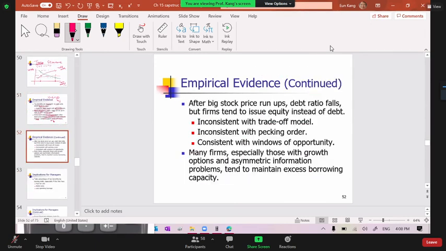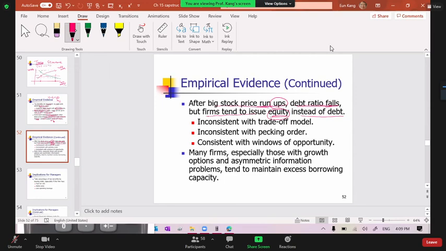Next, after big price run-ups, price goes up, that ratio falls, right? Price goes up, then stock price times number of shares, the equity value, goes up, then the debt ratio goes down, right? But firms tend to issue equity, that's the problem. Then the equity ratio even goes up further, right?